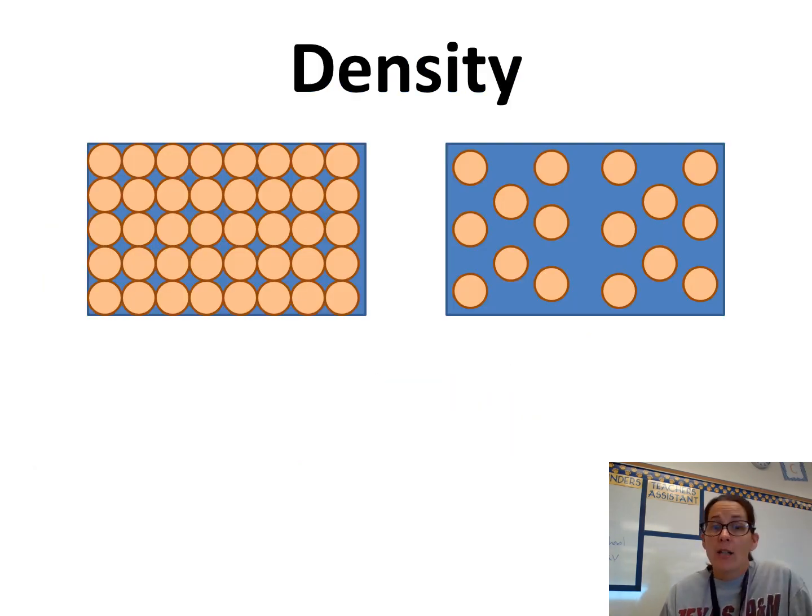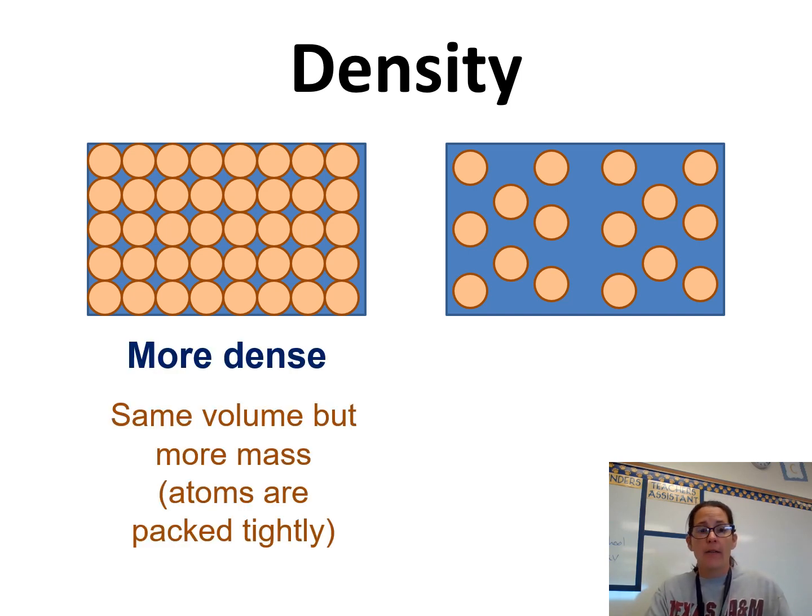So here's a really good visual of this. On the left-hand side, you see a box that's the same size as the box on the right. But the difference is the amount of atoms that are in there. The one on the left is more dense, and we know that because there are a bunch of atoms all really close together in there.